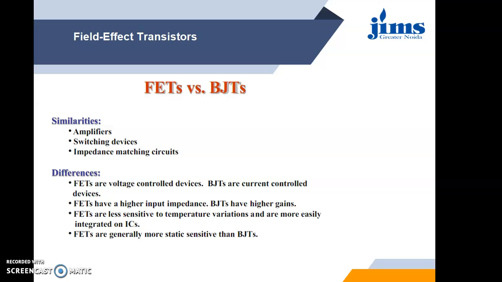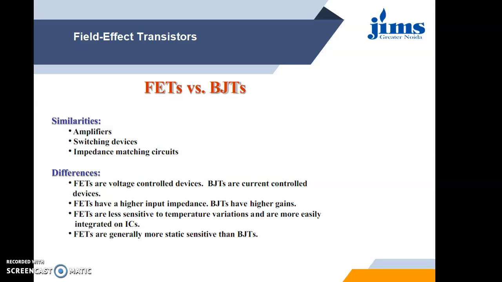If we talk about the similarities, both are transistors and switching devices, and they are widely used as amplifiers and impedance matching circuits. So these are the applications of both transistors: firstly amplifiers, secondly switching devices, and thirdly impedance matching circuits.